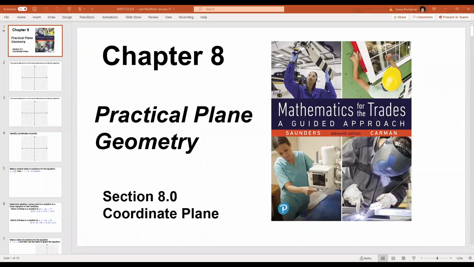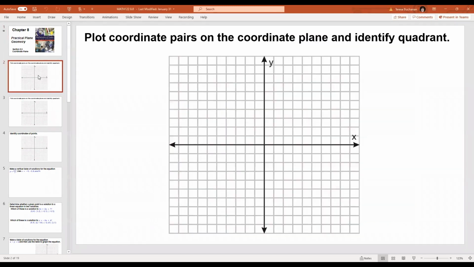All right, we are going to be talking tonight for a few minutes about coordinate plane geometry, so to speak. That is, how do we walk our way around plotting points on a coordinate plane? Some of you will remember this quite well, I think, from previous coursework.